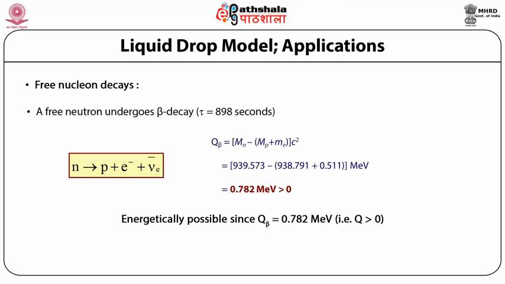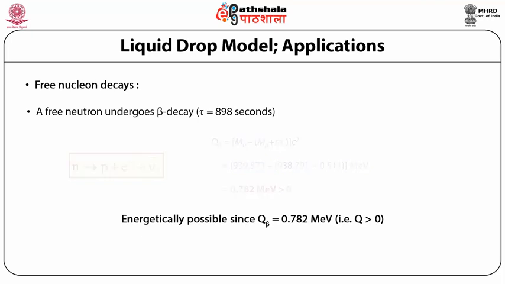In the neutron decay, a neutron gets converted into a proton with the emission of a beta particle and an antineutrino. The Q value of this decay is greater than 0, which indicates that this neutron decay is energetically possible because the Q value is positive. So it means this kind of decay is favored.